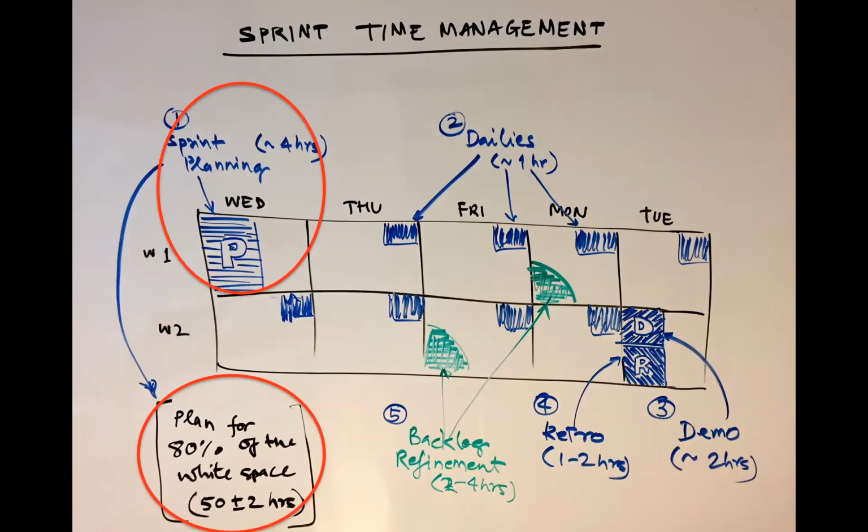This will factor in any unplanned work, distraction, estimation errors, unplanned leaves, etc. If you add it all up and apply the formula, we get about 50 plus or minus 2 hours of net available time in these 2 weeks. Remember that these are 50 team hours and not individual engineers' hours.